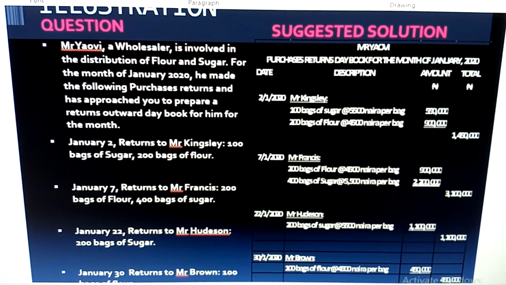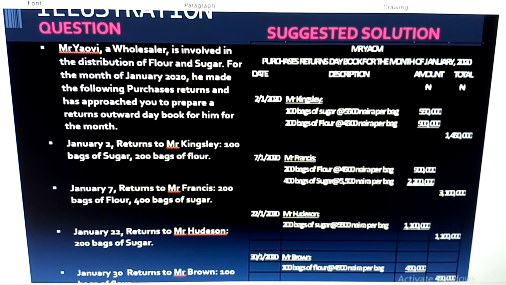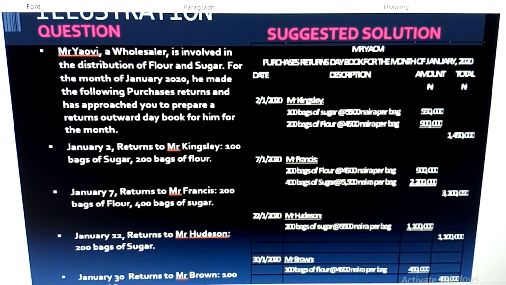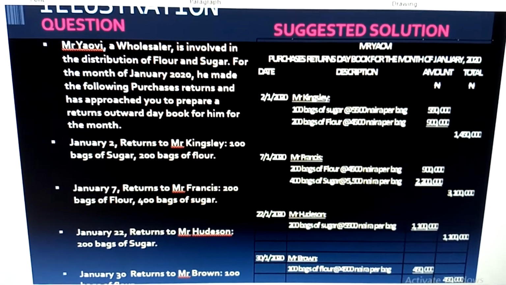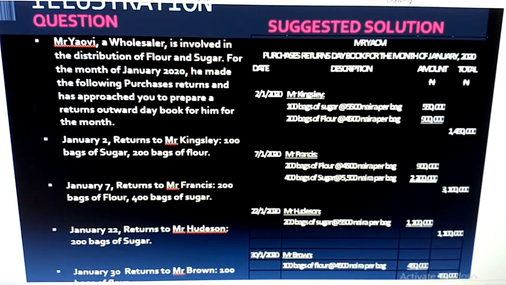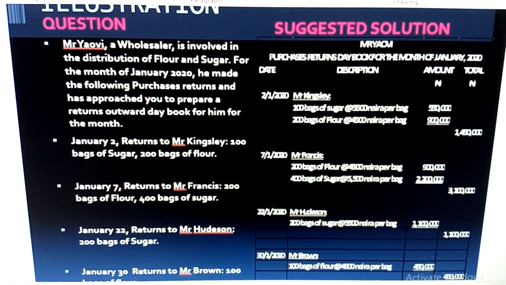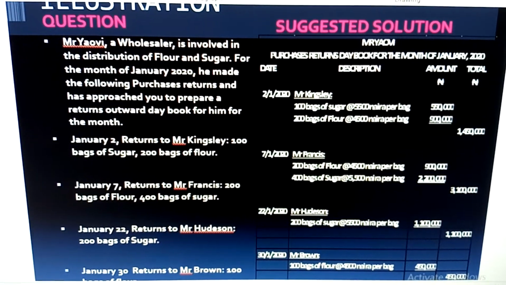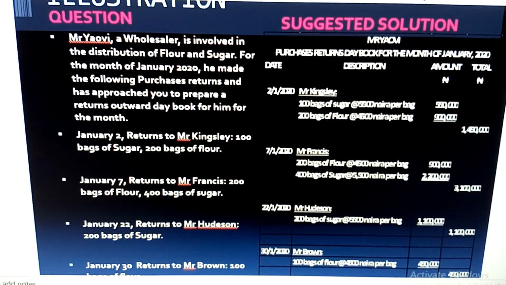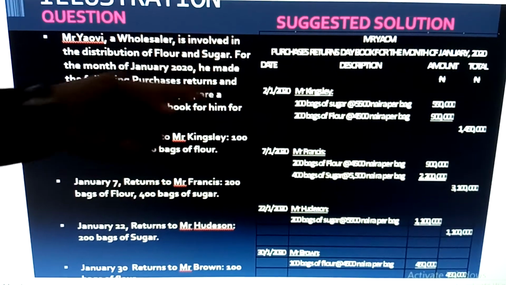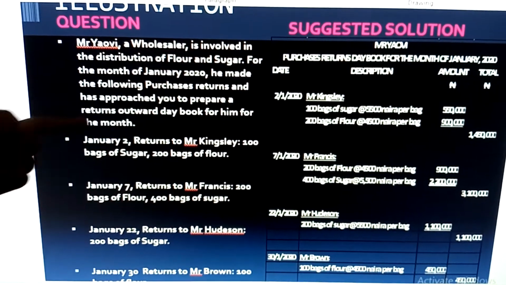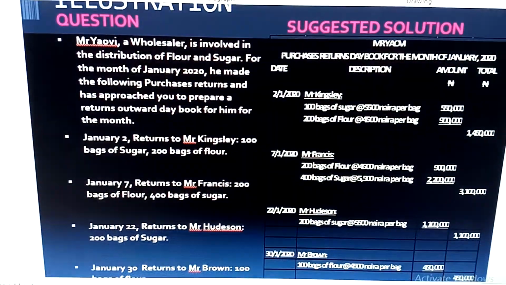You are expected to refer to your purchases to know how much those products were bought, so as to know the amount to attach to each product that was returned. The same way we are looking at Mr. Yaovi, a wholesaler involved in distribution of flour and sugar. For the month of January 2020, he made the following purchases returns and has approached you to prepare a returns outward day book for him for the month.